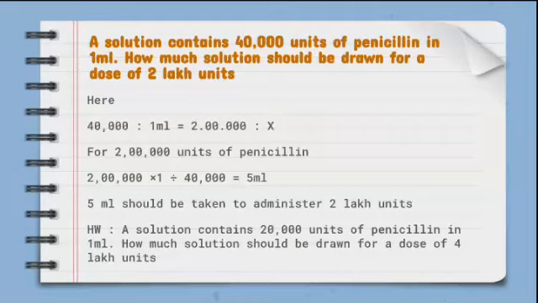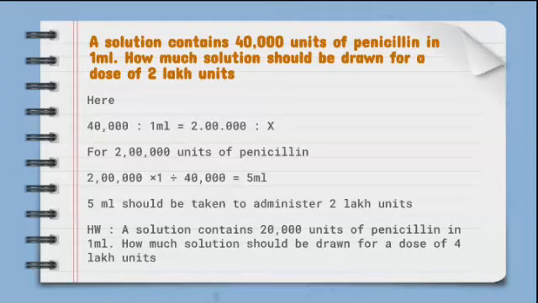So 40,000 divided by 1 is equal to 2 lakh divided by x. When you keep x on one side, 2 lakh into 1 divided by 40,000, that is 5 ml. So if you want to administer 2 lakh units, you have to take 5 ml of penicillin so that you can exactly administer 2 lakh units. Straight away you can also divide 2 lakh by 40,000 and get 5 ml.